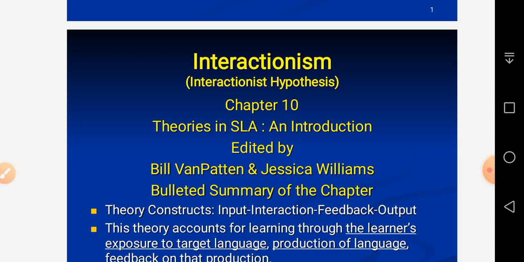So you need to have a lot of interaction, but your interaction should be with someone who is a more proficient language user than you, okay. If you are on the same page with someone, then you won't have an opportunity to develop your language. So in order to develop your language, you need to be interacting with a native speaker of that language, or someone who is a more proficient user than you.